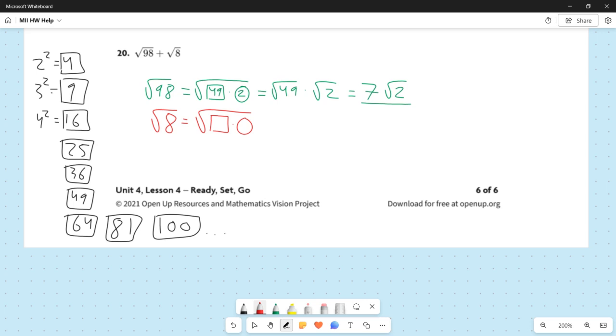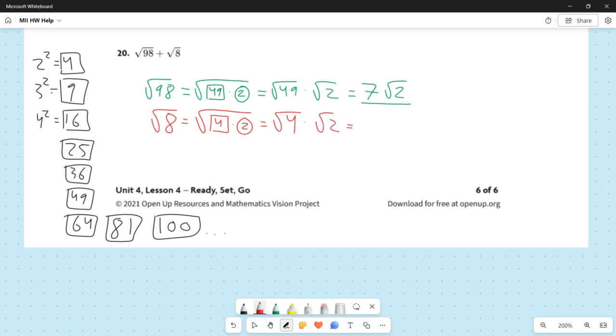It doesn't make any sense to start with a number above 8 because if the number is larger than 8, it doesn't go evenly into 8. So we don't have a lot of choices here. We kind of have to go with 4. But luckily 4 does go evenly into 8 because 4 times 2 is 8. So that means we can break this up into the square root of 4 and the square root of 2.